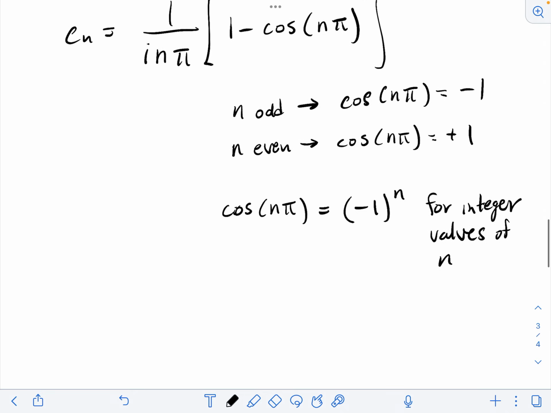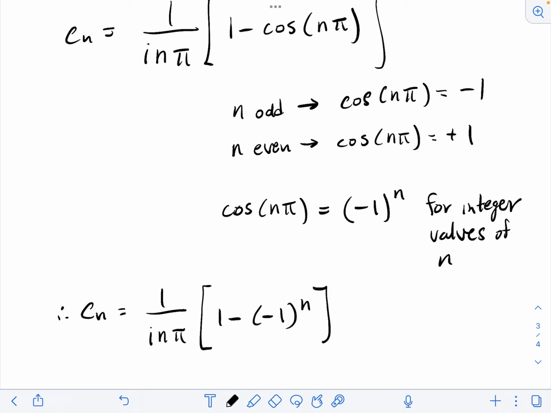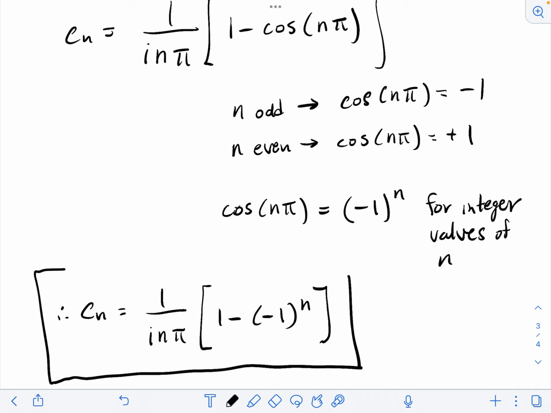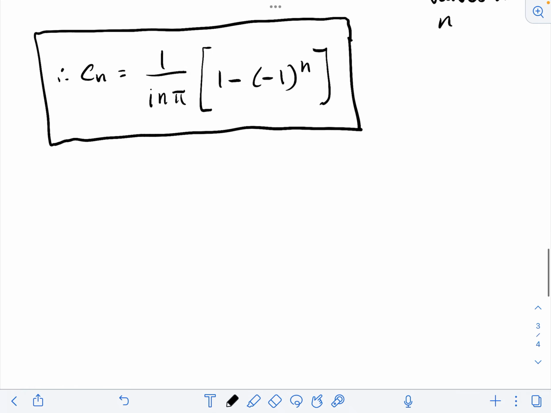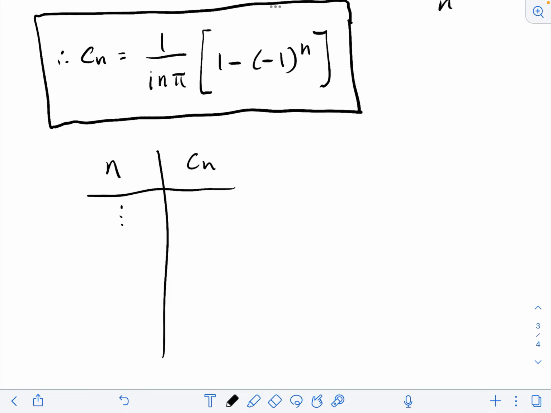So our Cn coefficients then become 1 over i n pi times 1 minus minus 1 to the power n. And I think that's correct. So let's make a little table of what these values are. We'll have n and Cn. There would be a bunch of numbers before this, but we could go minus 3.